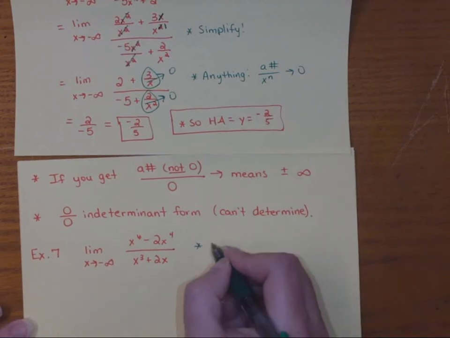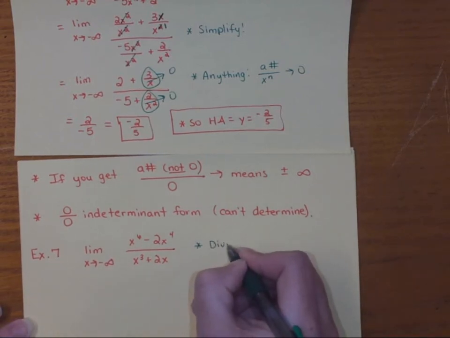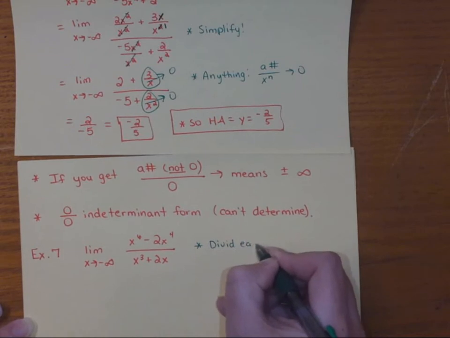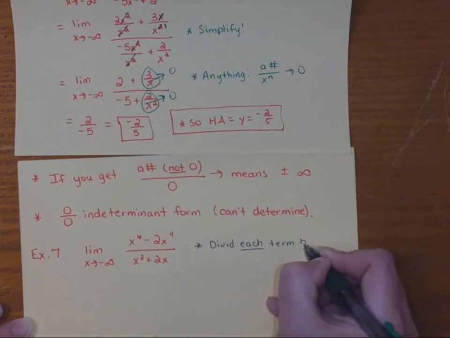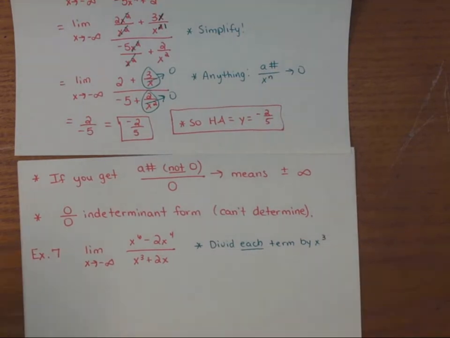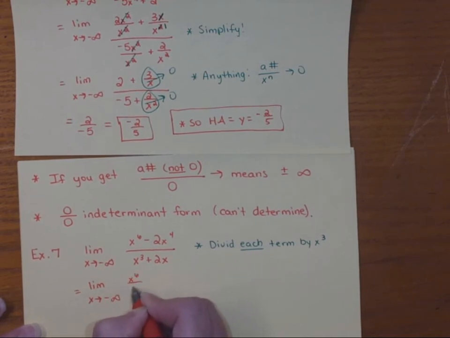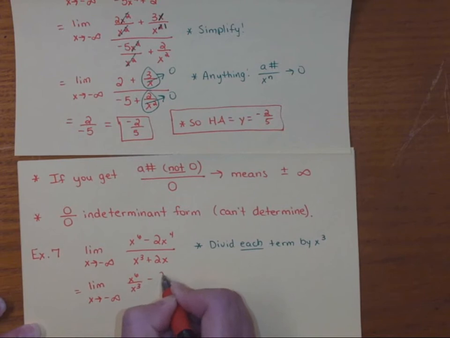We have a limit as x goes to negative infinity, so we're going to divide each term by the biggest power on the bottom. So the biggest power on the bottom is x cubed. So let's rewrite this. So it's going to be the limit as x approaches negative infinity of all 4 of these terms over x cubed.